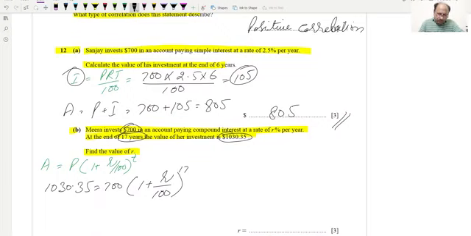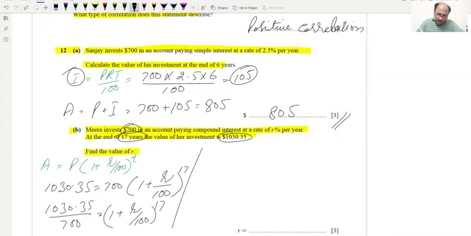Now we can shift 700 to the other side, so we get 1030.35 over 700 equal to (1 plus R over 100) raised to the power 17.